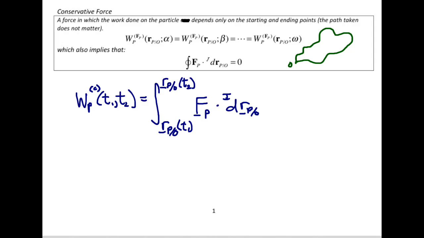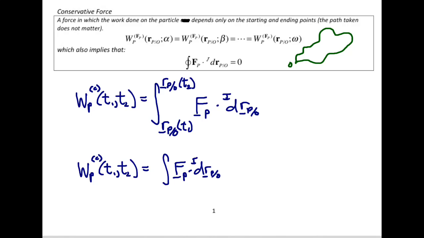And because we have a definite integral now, we can simply take the integral and evaluate it at these 2 points. So it'll be the integral of our conservative force F sub P dotted with dr of P with respect to O as observed in the inertial reference frame.